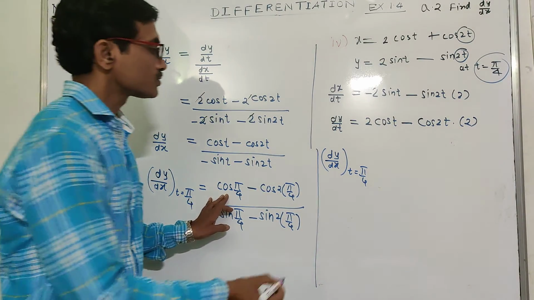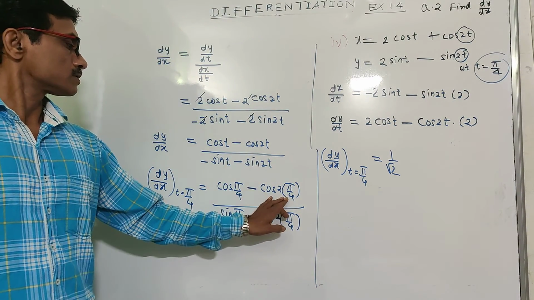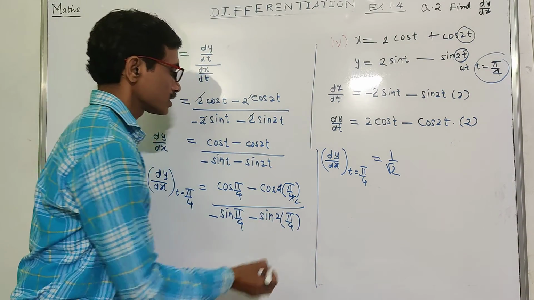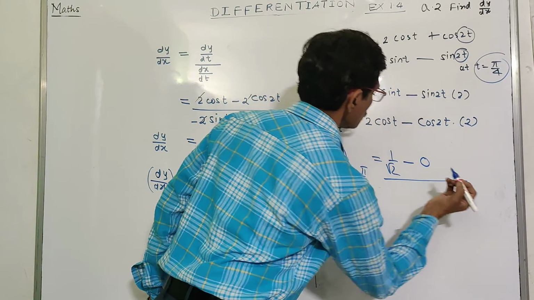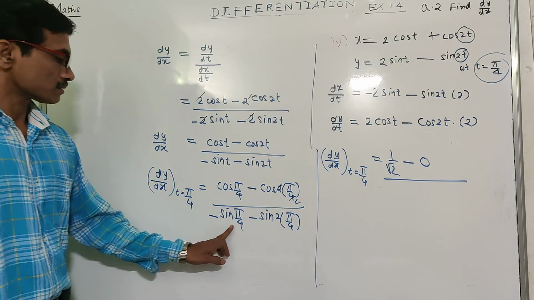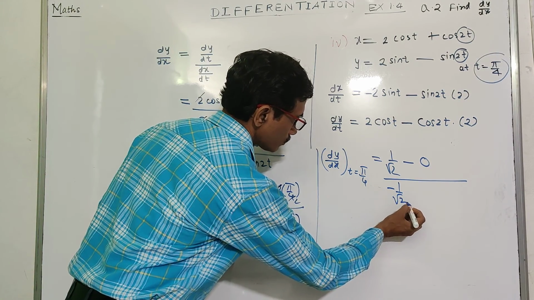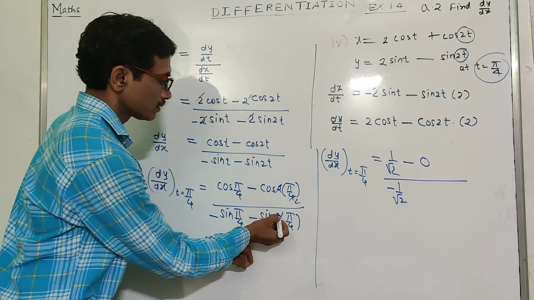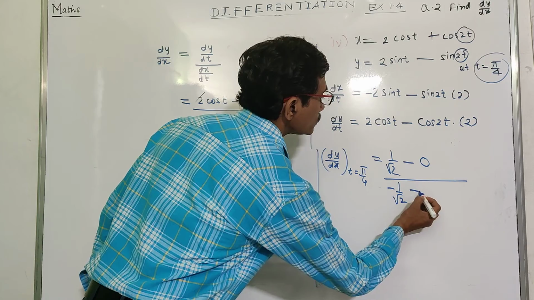Cos of pi by 4 is 1 by root 2, and cos pi by 2 is 0. In the denominator, minus sin pi by 4 is 1 by root 2 with the minus sign, and sin of pi by 2 is 1.